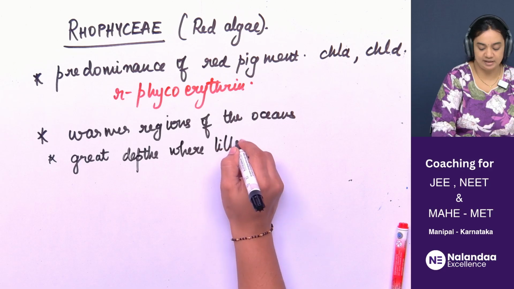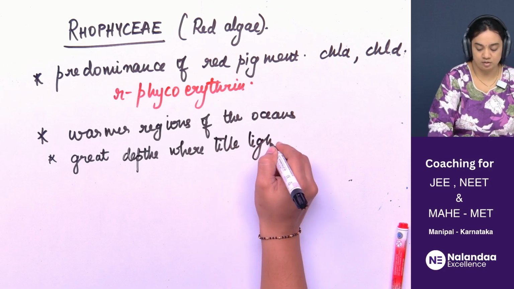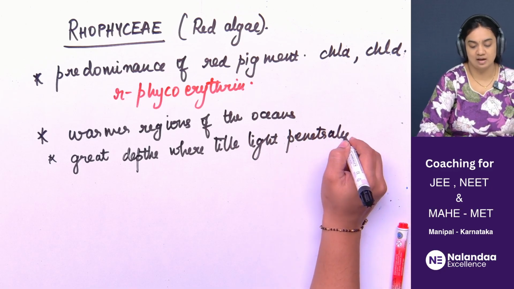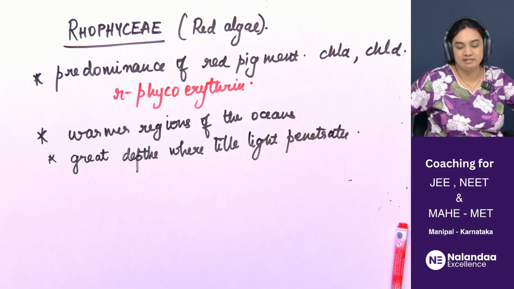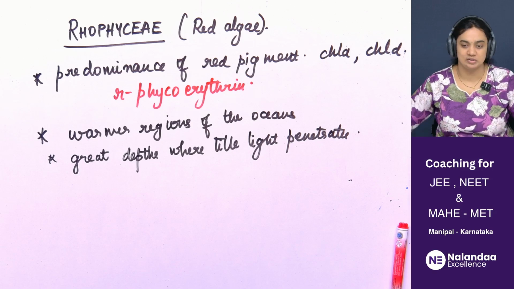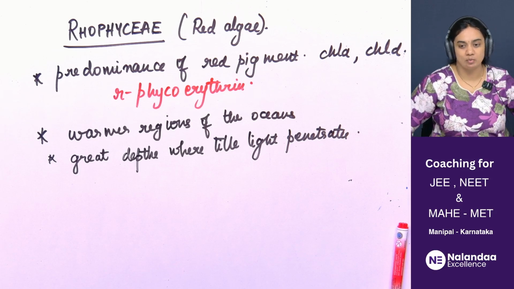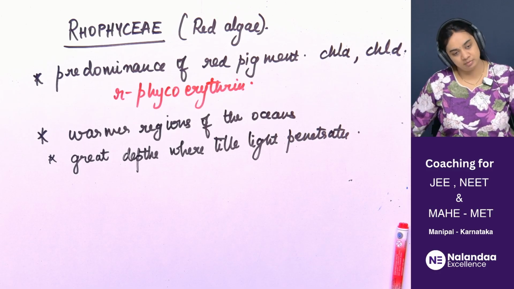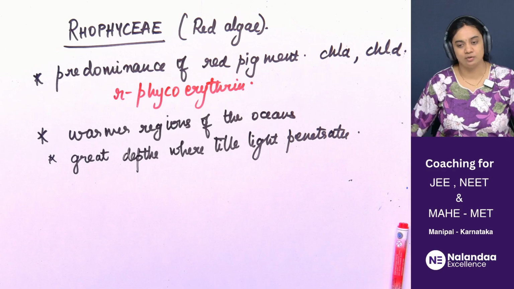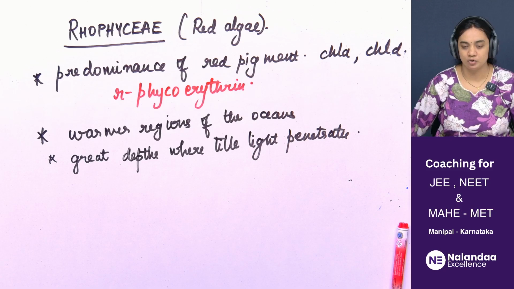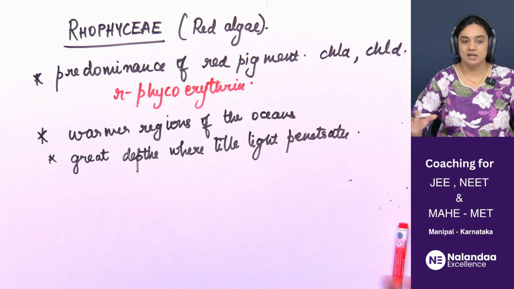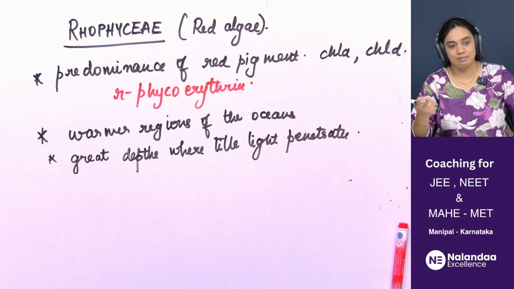where little light penetrates. So I hope you are able to visualize how an ocean will be divided into different depth regions, right? The surface of the ocean will be quite warm because it is constantly exposed to sunlight, and probably 50 to 75 meters down, up to 100 to 200 meters, light will penetrate. As long as light penetrates, the water in that region will be both warm and well illuminated.